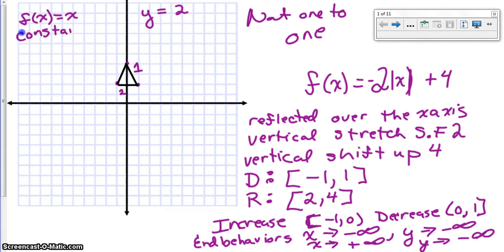It doesn't increase or decrease. Okay? I didn't reflect it over the x, but I did a horizontal stretch with a scale factor of 0. This is the only time that you can say that there's a scale factor of 0 because of the linear being a horizontal. I do have a vertical shift up.